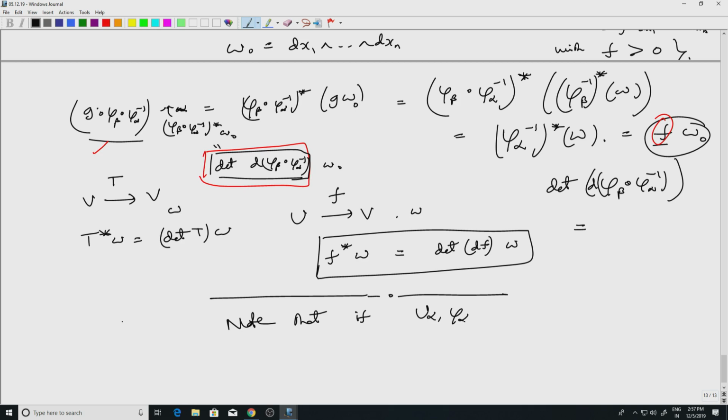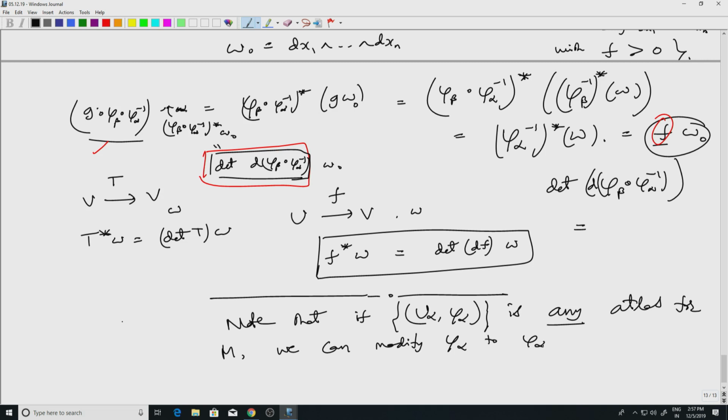So note that if U alpha, phi alpha is any atlas for M, not necessarily oriented, we can modify the chart diffeomorphisms. Let's call it phi alpha tilde, so that U alpha, phi alpha tilde is an oriented atlas.